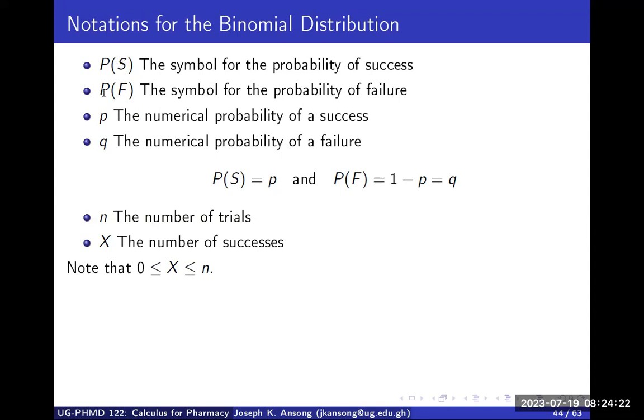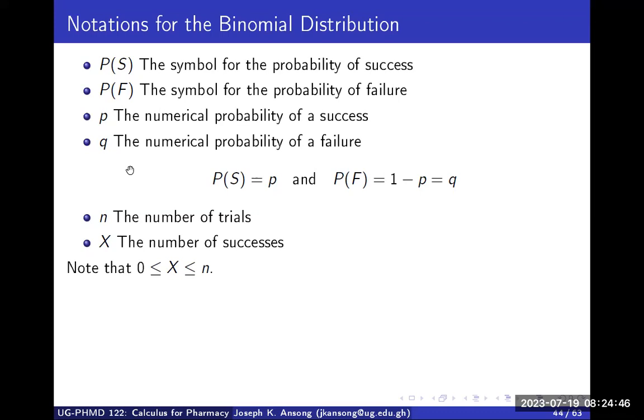P(F), where F is for failure, is the probability of failure. Small p is the probability of success. So the probability of a head when you toss a coin, for example, is 1/2. Q is the probability of failure. In the case of a coin, it's the same thing, 1/2 as well.